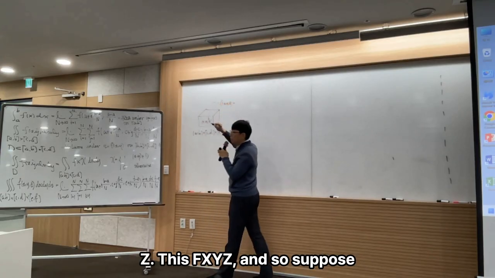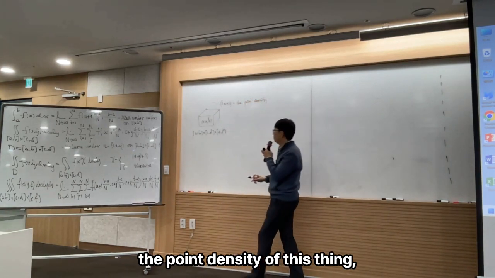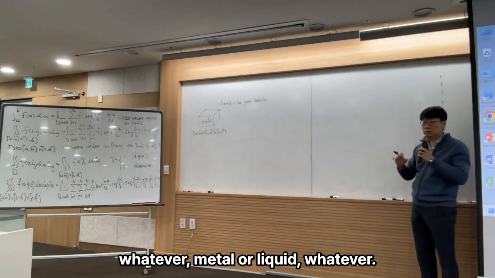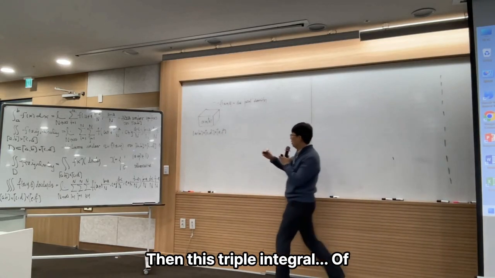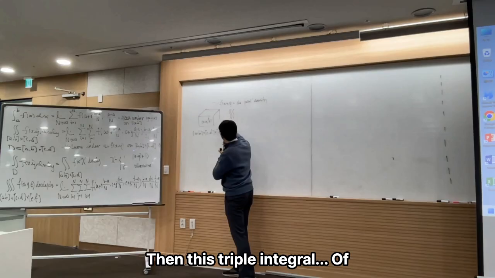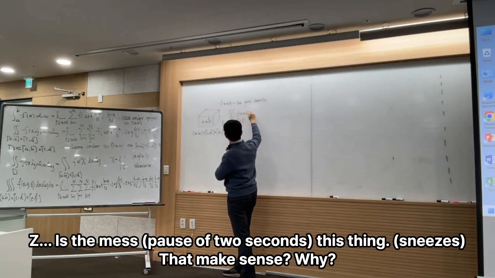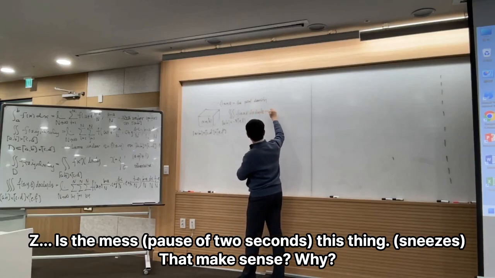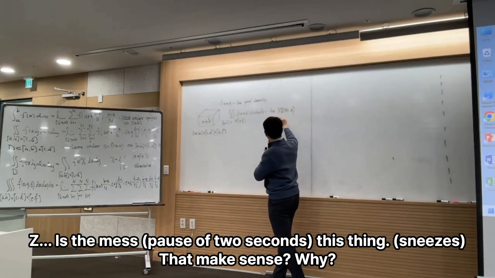Let's suppose that this represents the density, the point density of this thing, whatever, metal or liquid, whatever. Let's say the densities differ by points. Then this triple integral from A, B, up to E, F of this function f(X, Y, Z) is the mass of this thing.